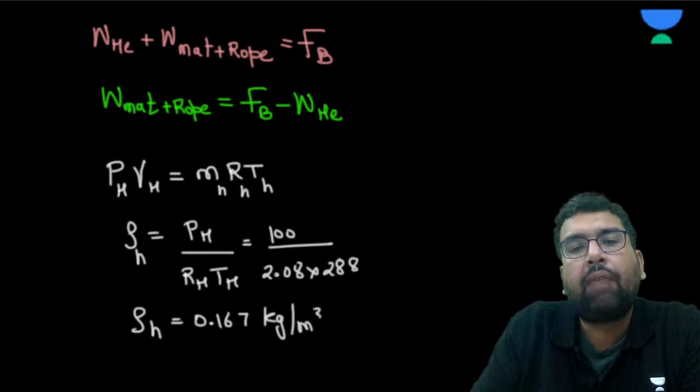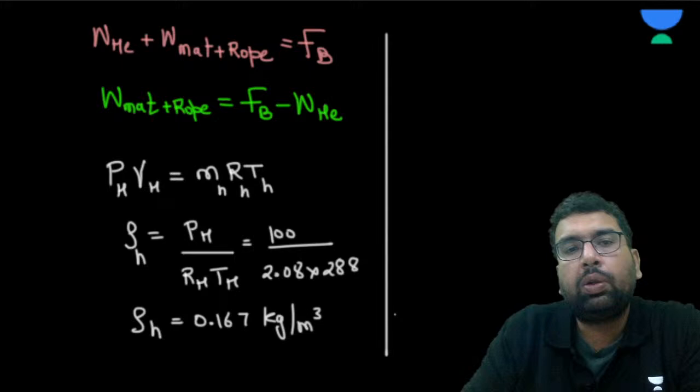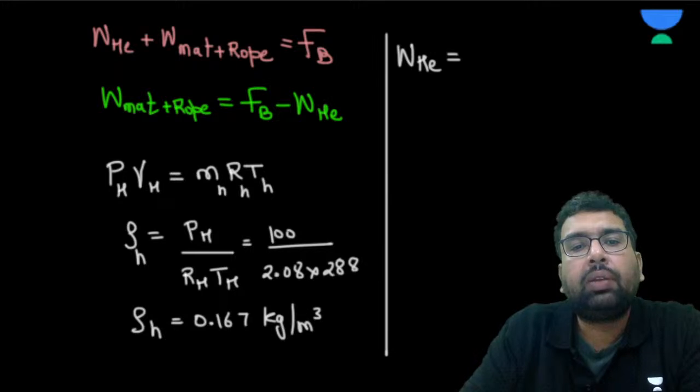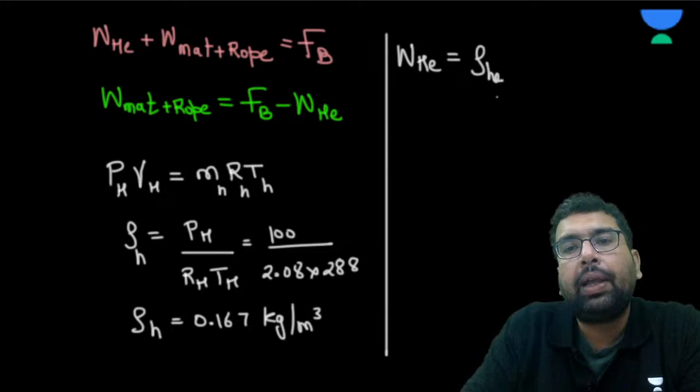So we now have the density of the helium. What will be the weight of the helium then? Weight of the helium is going to be density of helium into g into volume.